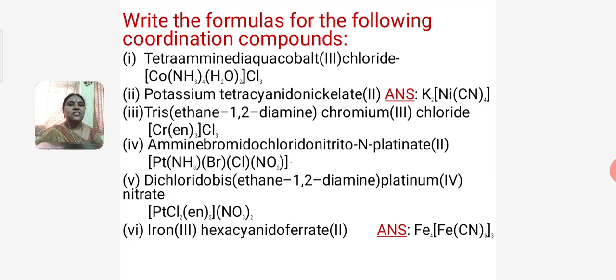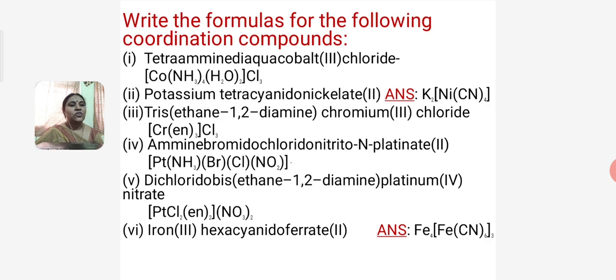First write the central metal ion Fe, it is in +2 oxidation state. Enclose it in a parenthesis first, begin the parenthesis and write Fe. Then we have hexacyanide, 6 cyanide groups, so write CN subscript 6 indicating 6 cyanide groups, enclose in a parenthesis.